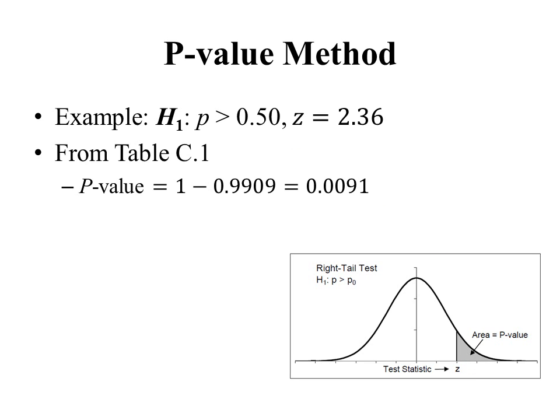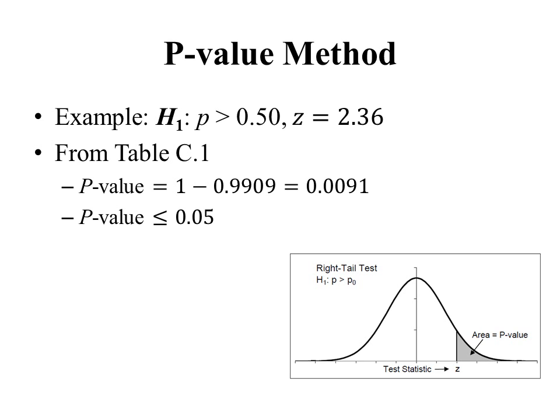And so if we go to table C1, our z-score table, and look up z equal 2.36, we're going to find that the area to the left is 0.9909. That's the area of the unshaded region down here. And so to find the area of the shaded region, we subtract that from 1, and we get 0.0091. So that number is our p-value.